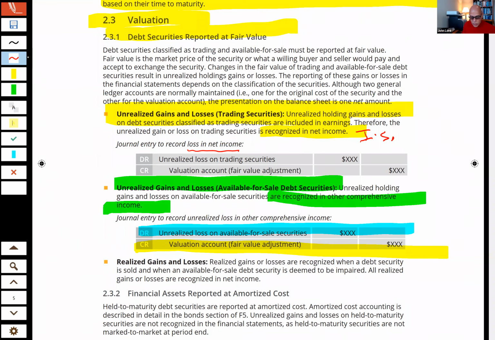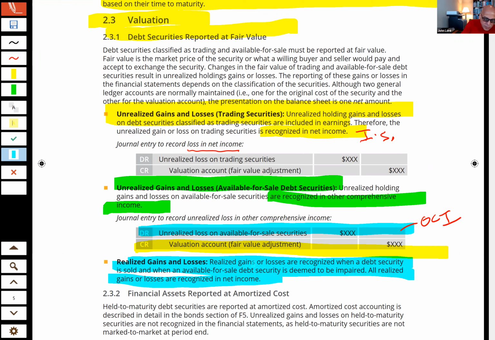Here we could credit the security, or you can use the valuation allowance for that. But that is OCI. Once you actually sell the security, all realized gains and losses ultimately will hit the income statement. Flashcard that. Once you sell the security, everything goes to the income statement.